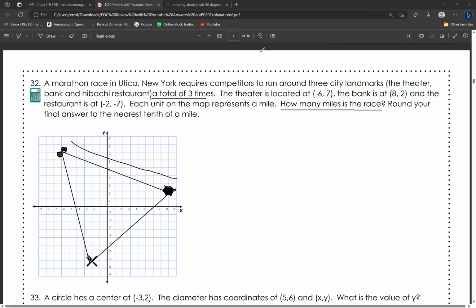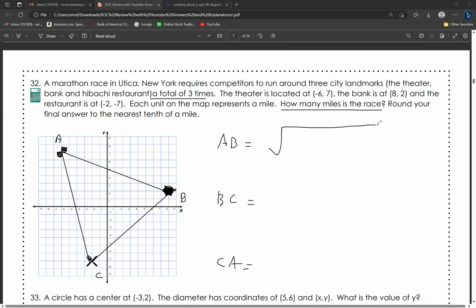So how would you go about adding them up? Just say this is A, this is B, this is C. Just use your distance of a line formula. So you'd say AB equals, you'd get that distance. You'd say BC equals, get that distance, and then CA. So same idea.